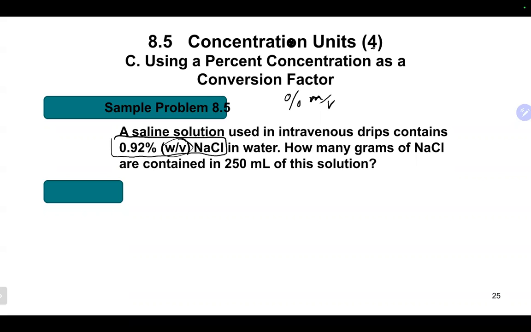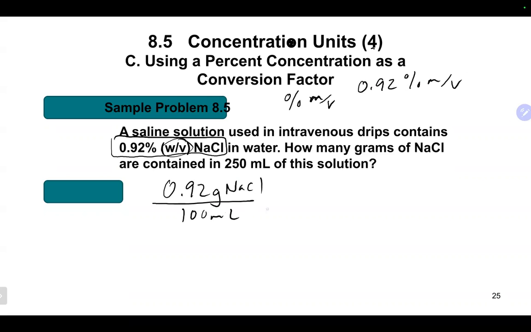So when it says 0.92% mass to volume, what that basically means is we have 0.92 grams of sodium chloride in 100 milliliters of solution. Or again, you could use it as a conversion factor the other way, 100 milliliters up on top and 0.92 grams of sodium chloride. So you can kind of take a dimensional analysis approach.